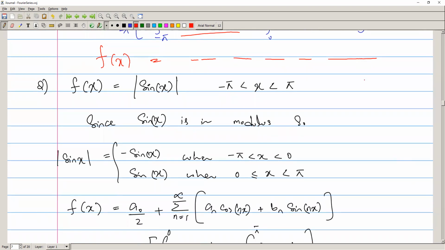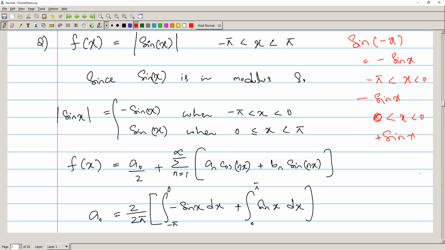So for sine x also, for sine of negative x, we know that it's always negative sine x, right? So sine from negative pi to 0 will be negative sine x, and from 0 to pi, it will be positive sine x, right? So again, we will break this function into piecewise.